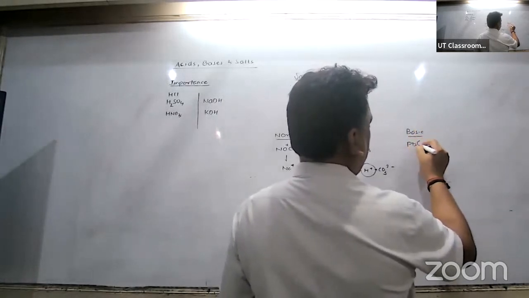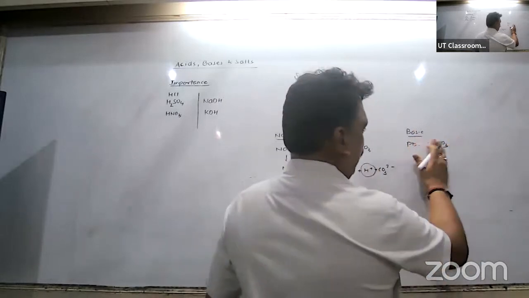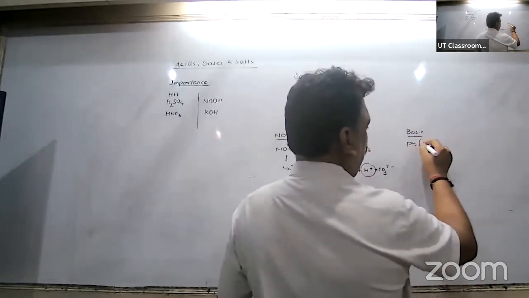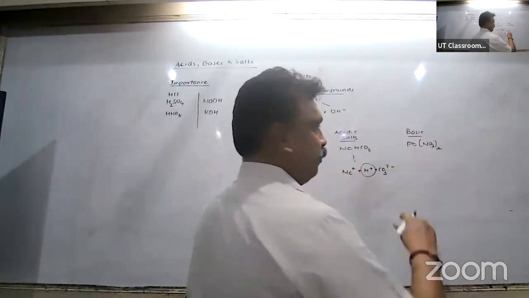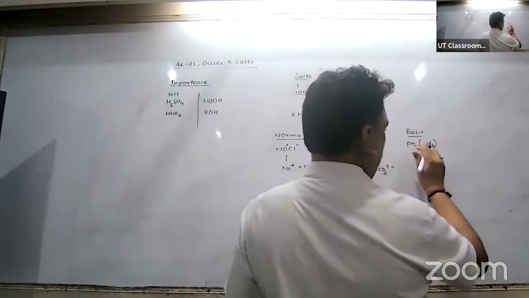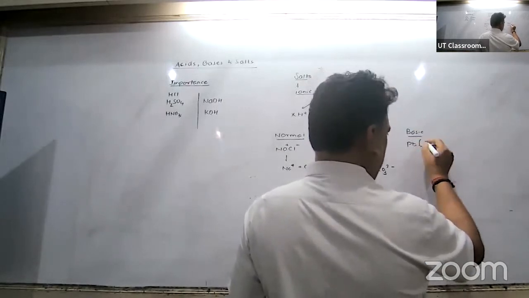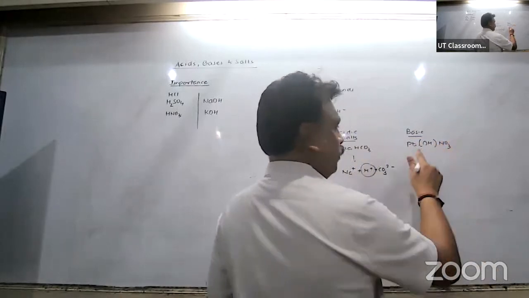Basic lead nitrate. Look at this one. How will we remember it? What is the formula of lead nitrate? Pb(NO3)2. When you add excess of base, one nitrate is removed, and in place of it you get OH, and one nitrate remains. So it's called basic lead nitrate.